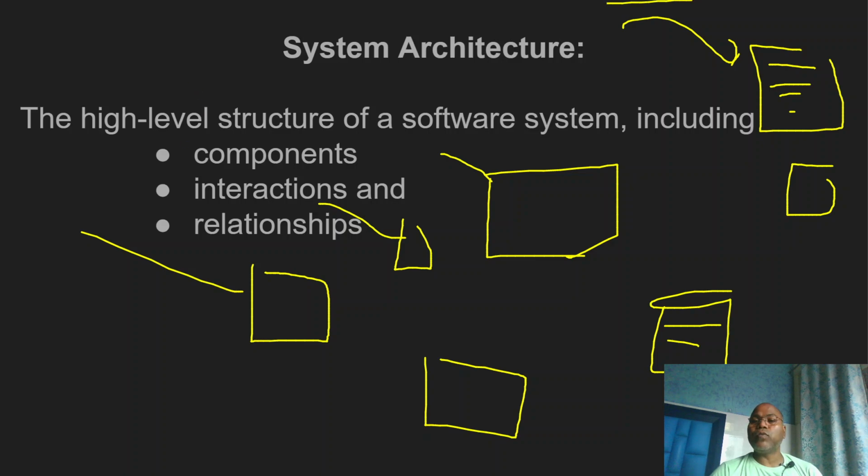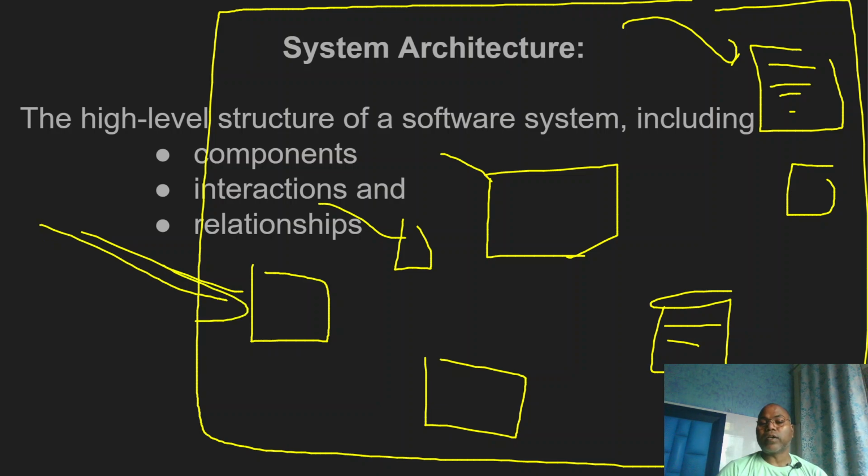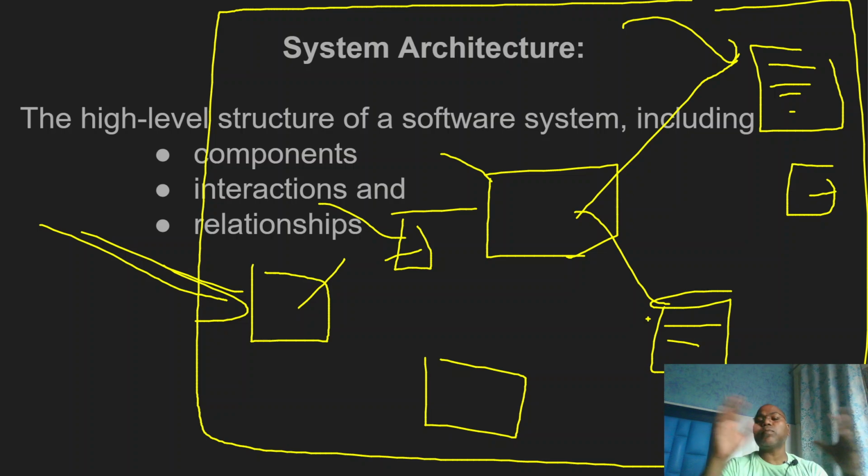Now this is the complete system. So my system interacts with the UI and the customer. What kind of relationship is there between these components, how do they interact, how do they publish data to the file system or database, or to the email notification service? Lots of things.